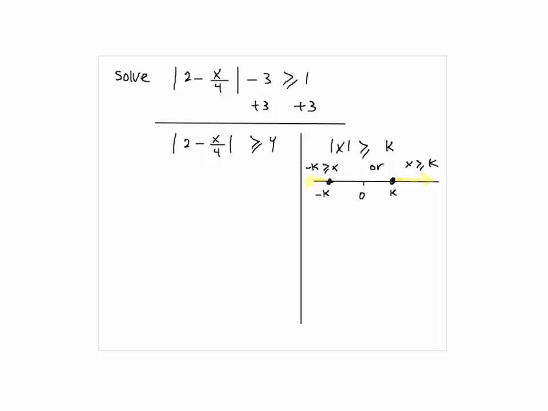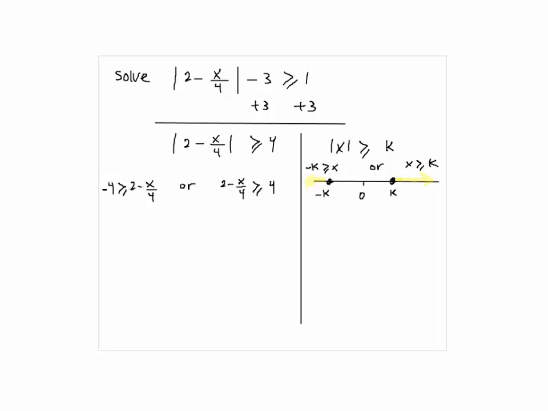So (2 minus x) over 4 has to be greater or equal to 4, or (2 minus x) over 4 is less than or equal to minus 4.